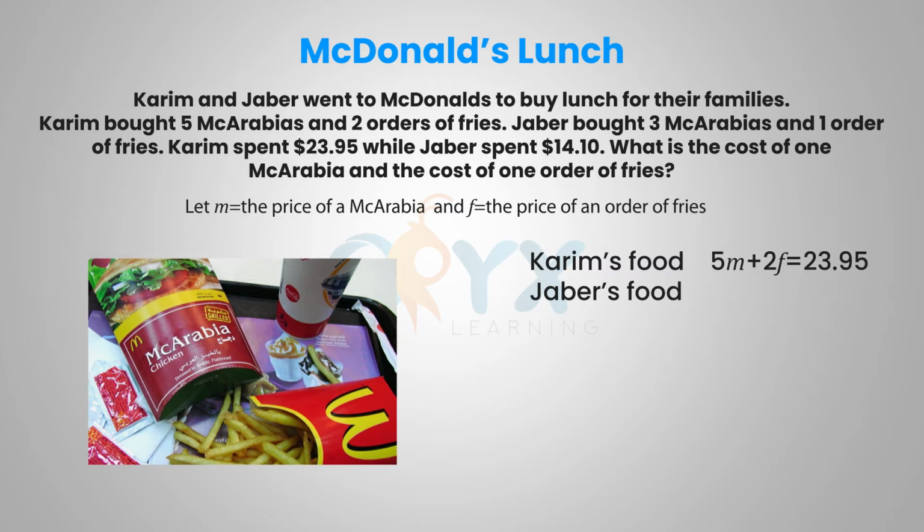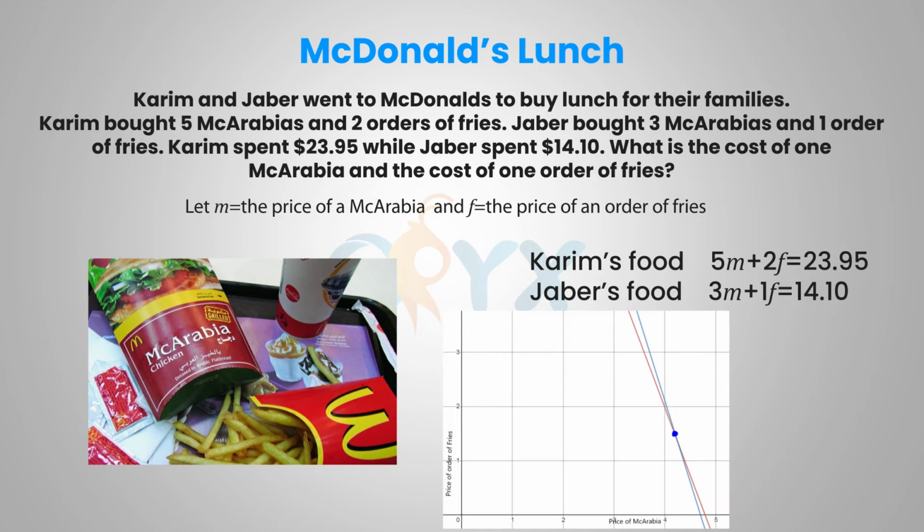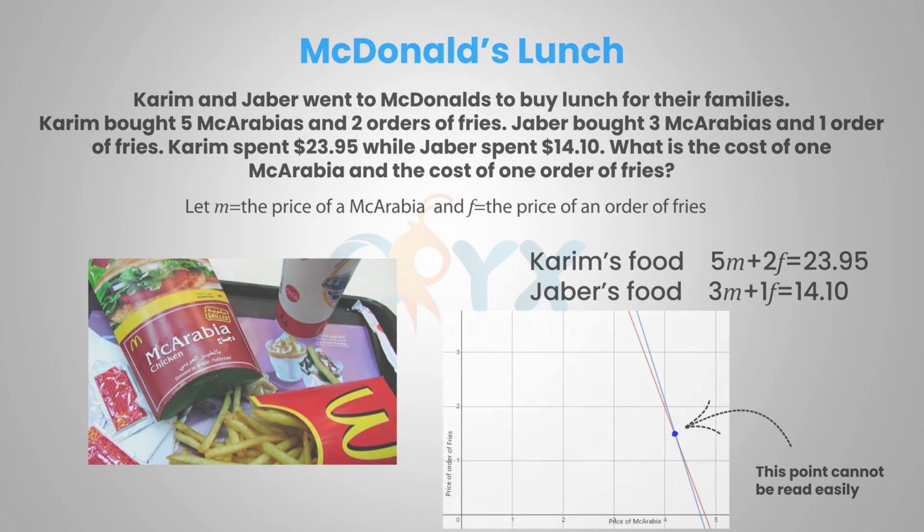Jaber's food would be represented by the equation 3m plus 1f equals 14.10. If we graphed these equations in order to solve, you can see that the point of intersection cannot be read easily. If this happens, there are other methods to solve, which we'll go through in this lesson, and then we'll revisit this problem at the end.